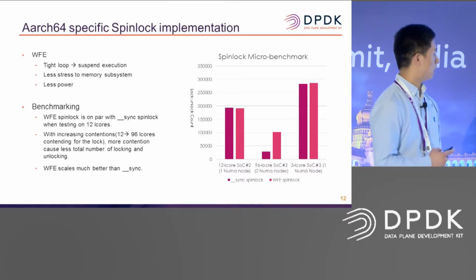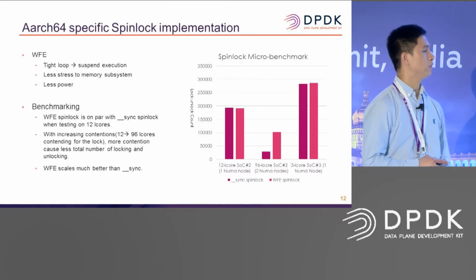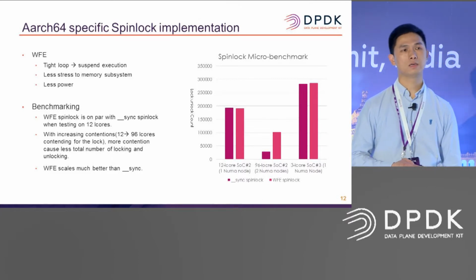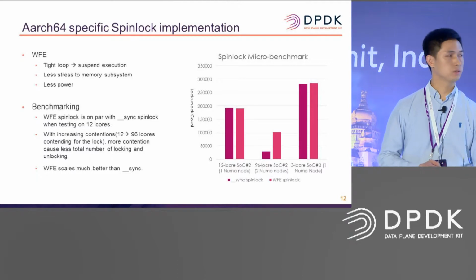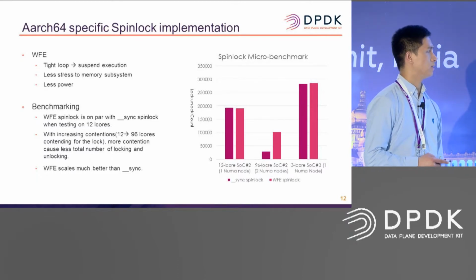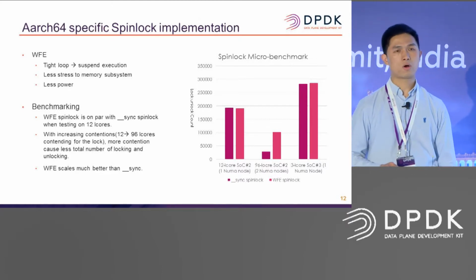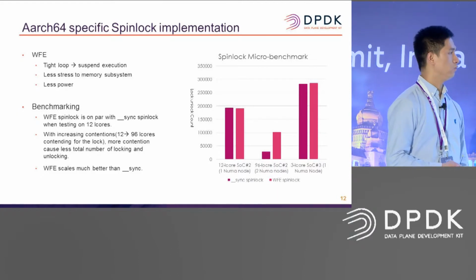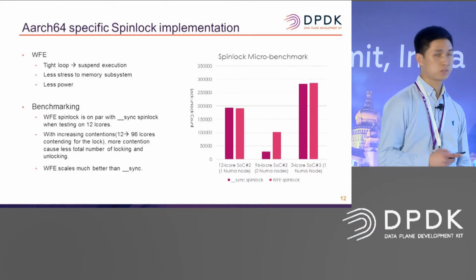As we know, each PE will maintain the lock in its private cache. When a PE releases the lock, it will invalidate the other PEs' private caches. So when the number of cores involved in the lock contention grows, it will cause cache bouncing.